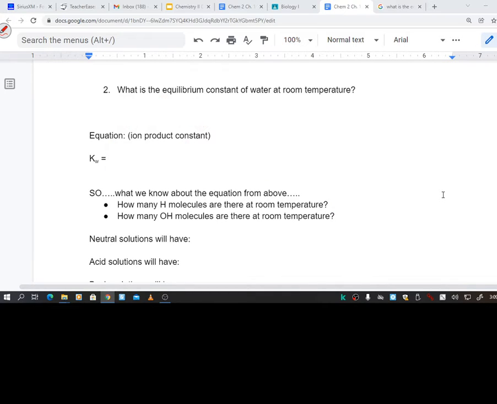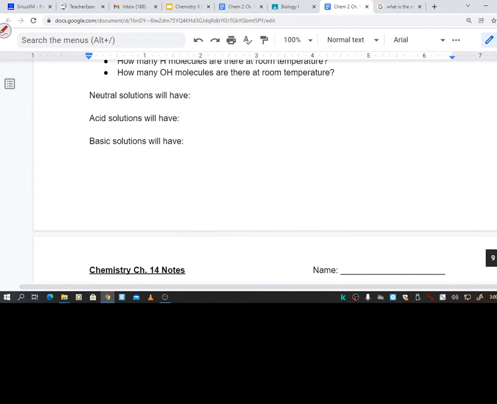All right, clear that out. So neutral solutions will have equal amounts of OH and H3O, just like my pure water at room temperature.